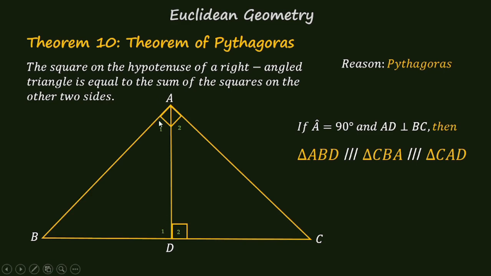It's triangle ABD, this triangle here. It will be similar to the bigger triangle, but we start from here, CBA, which will be similar to the triangle CAD.